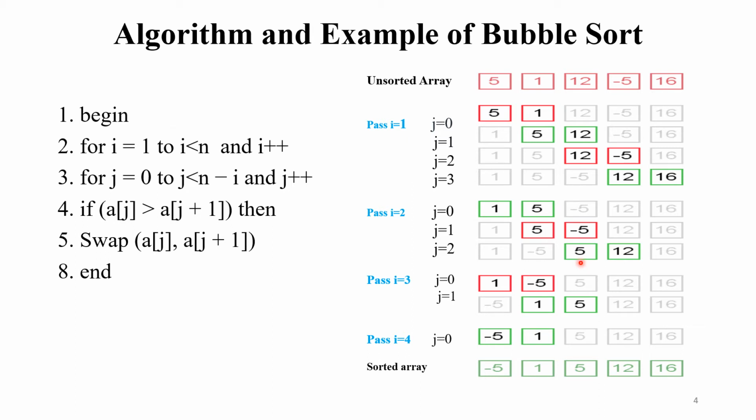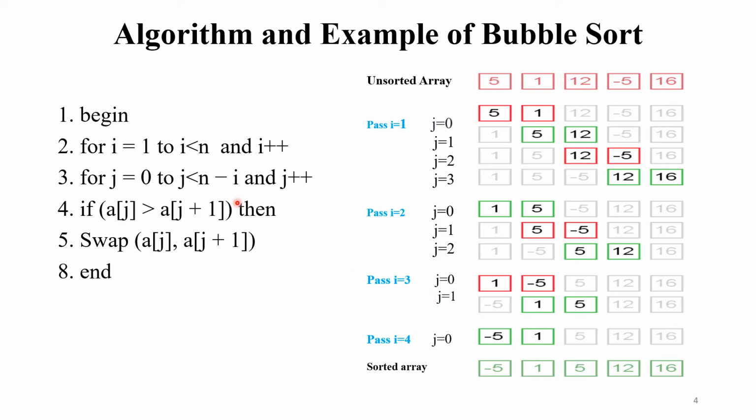Now we check the next two values, that is 5 and 12. But here 5 is already less than 12. That's why in next pass we write down this array as it is, that is 1, minus 5, 5, 12 and 16. Now our i, means pass, is incremented by 1, so 2 plus 1 is 3. Now our pass is 3.